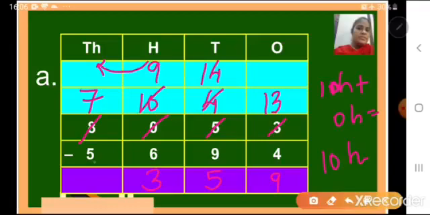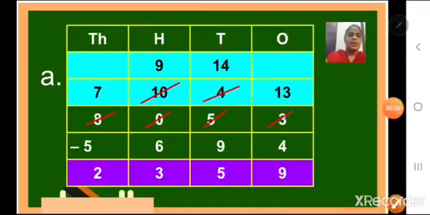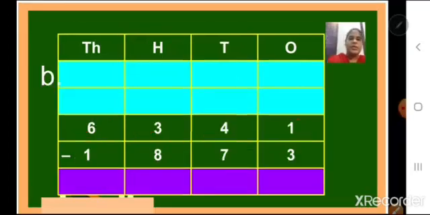What is 7 minus 5? 2. So my answer is 2,359. So children, the difference is 2,359.